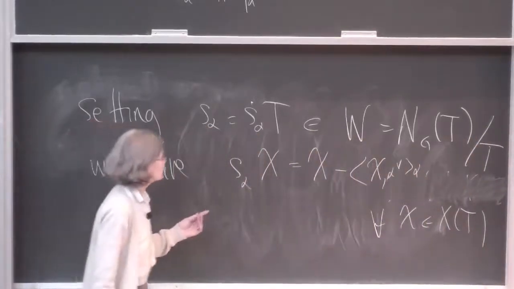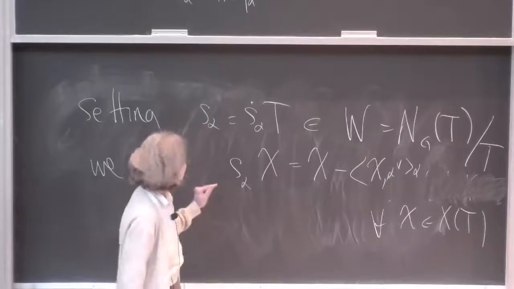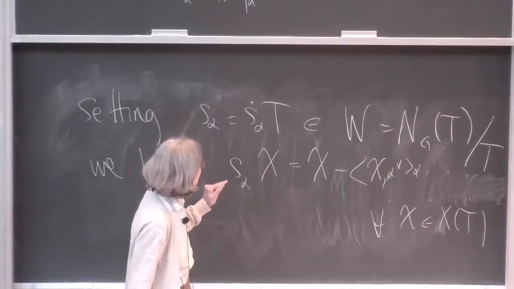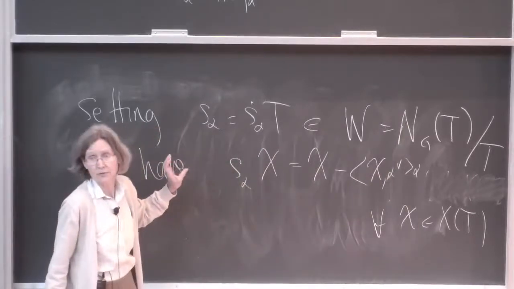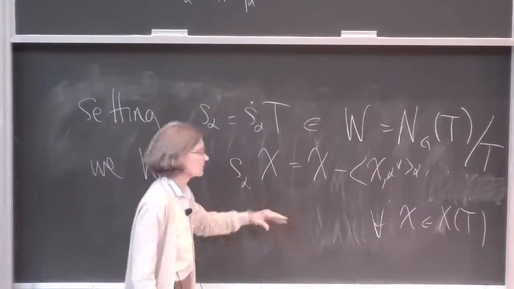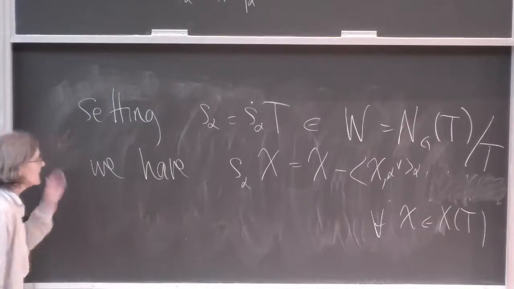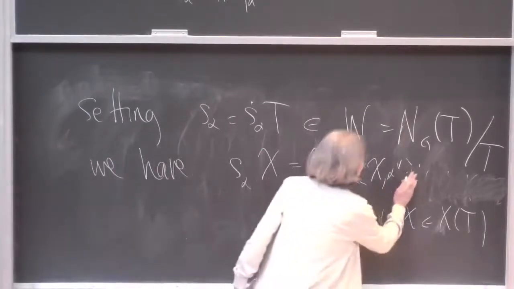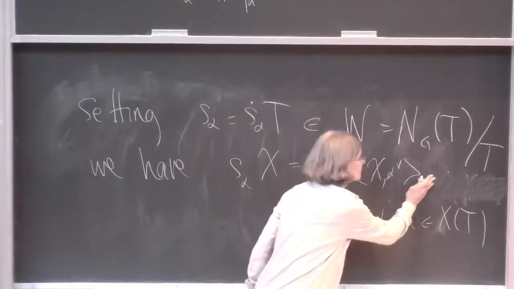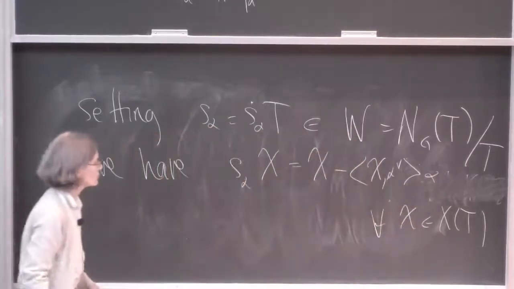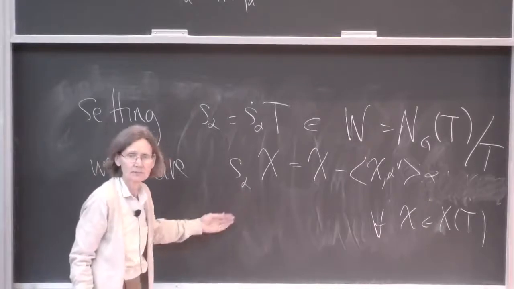Okay, and now Meinhof didn't talk about it, but S alpha is something that is in the Weyl group, so it's in the normalizer of the torus, and naturally acts on this character group. Okay, so you can write that down, so that's not hard to see. And now I'm telling you that the action of this particular element of the Weyl group, when it acts on the character group, does this.